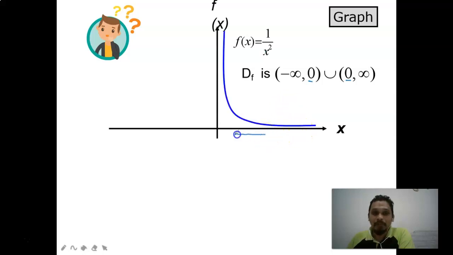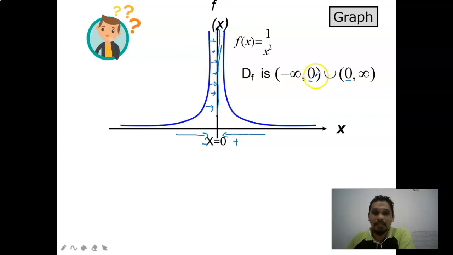So when the graph approaches 0 from the right, you can see that the graph, if we refer to the y-axis of f(x), is getting bigger and bigger. And also when x approaches 0 from the left, look at this one here, the value of y is getting bigger and bigger to positive infinity.